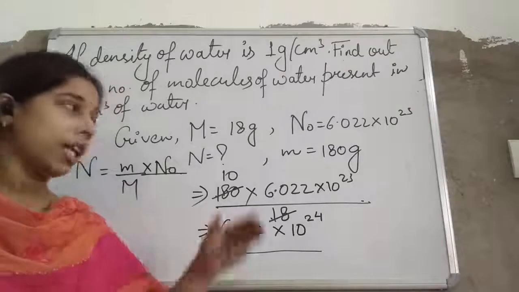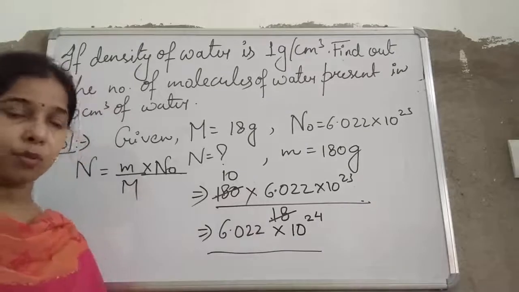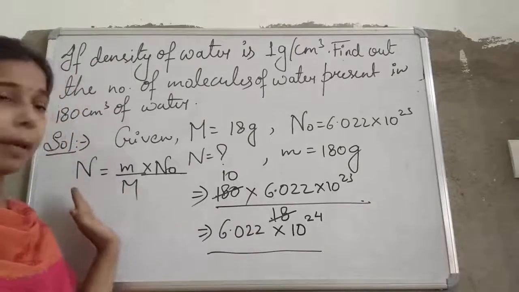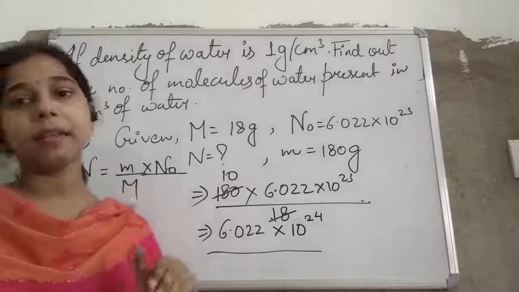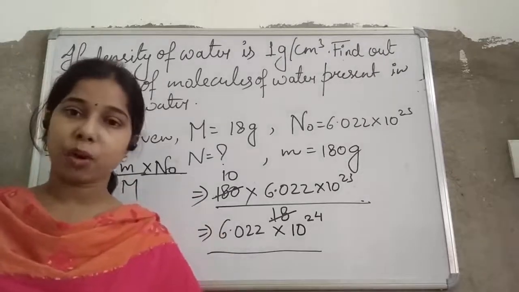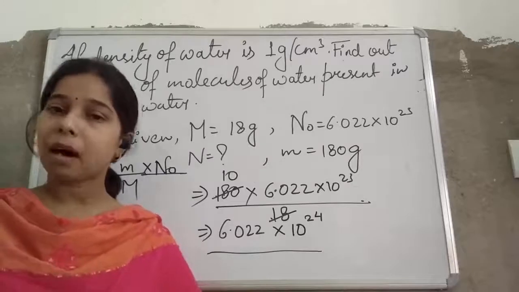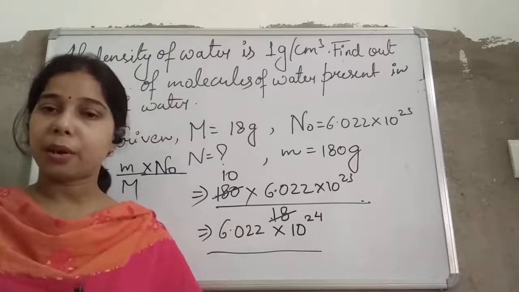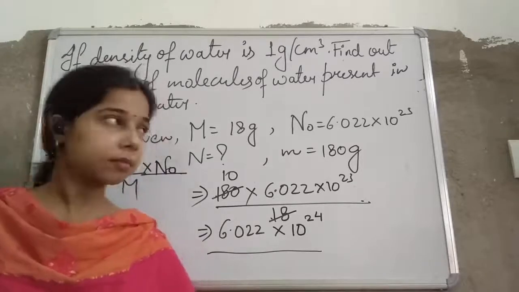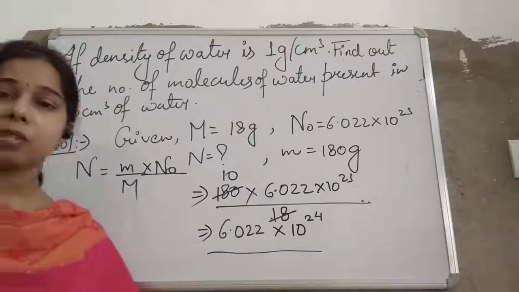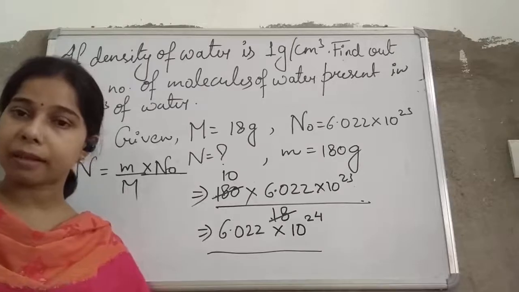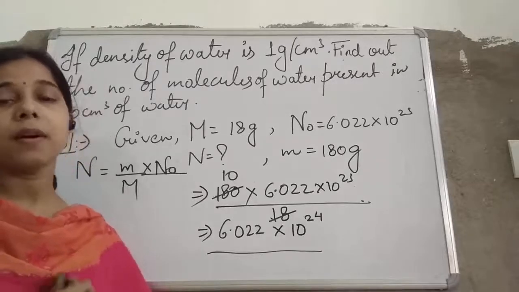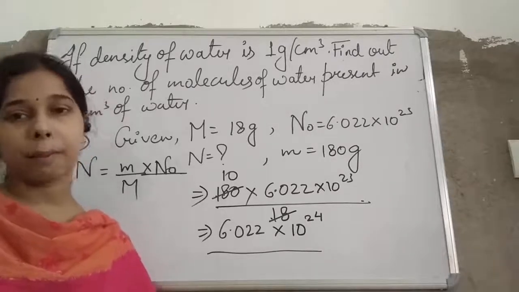And if three things are given, you can put the values in N by N naught is equals to small m by capital M. By using this formula, you are able to find the mass and the number of particles. So these are the questions related to finding moles, the number of particles, as well as the mass of the given compound.